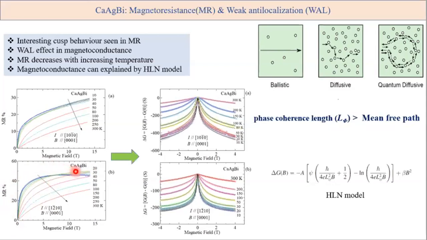But at high temperature, there is a low impact of quantum interference and a large impact of classical terms. The classical terms give you the linear term and the quadratic B square term. Due to this term, at high field, it increases very rapidly.